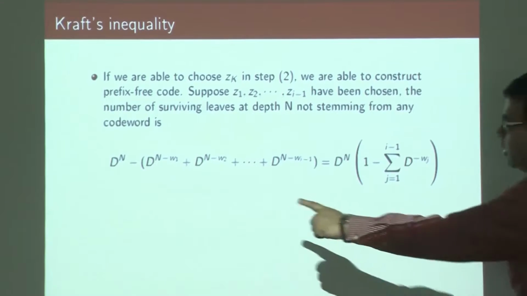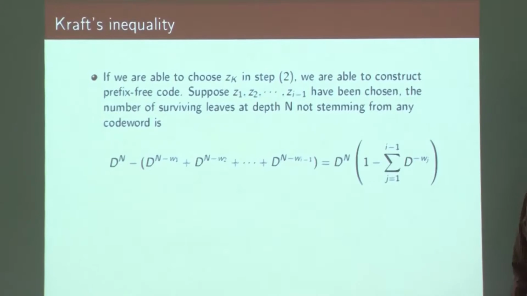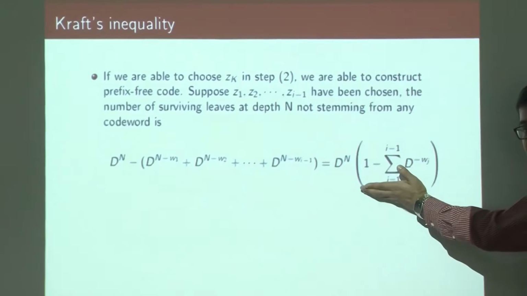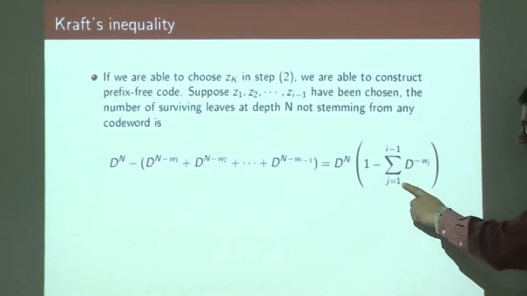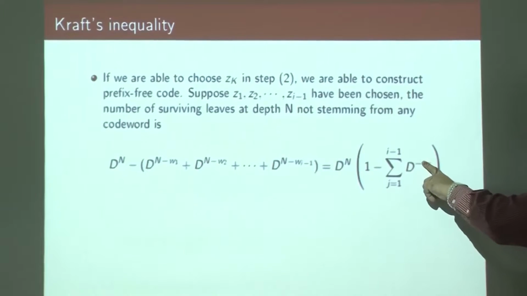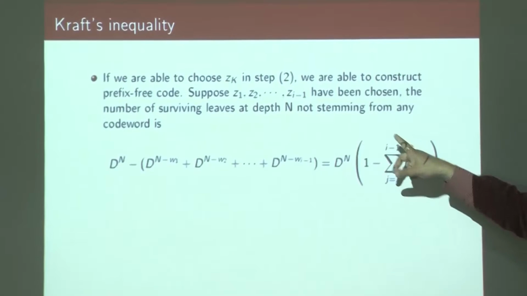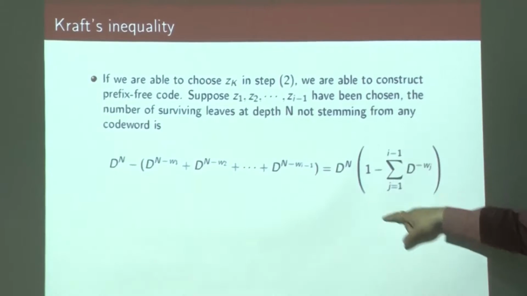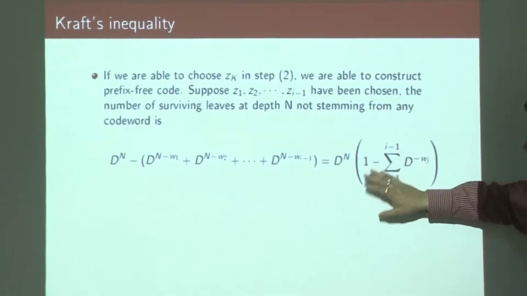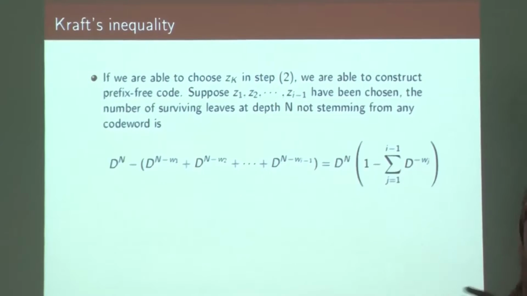What I did was, at step 1, step 2, step 3, up to step i minus 1, I deleted so many leaves. Now I am left with this many leaves. Because Kraft inequality is satisfied, the summation from j equals 1 to k of this is less than or equal to 1. Now in this case my i is less than or equal to k, so when I go up to k, this number is still less than 1, so this number is non-zero. I have a non-zero number of leaves still remaining.